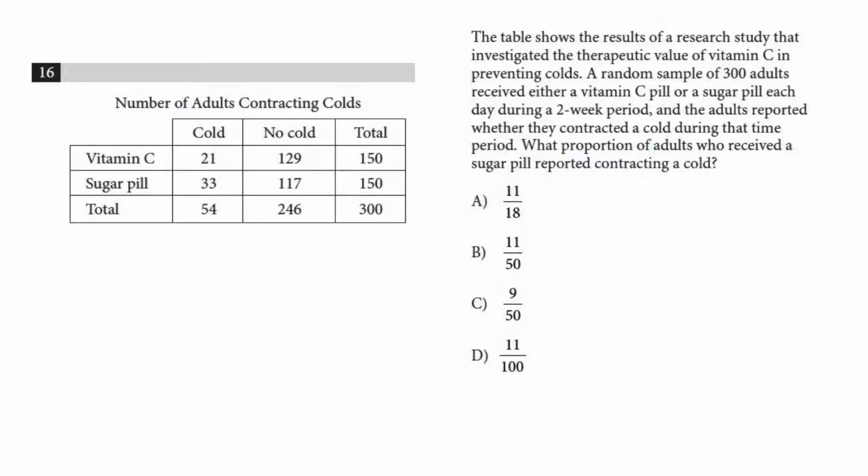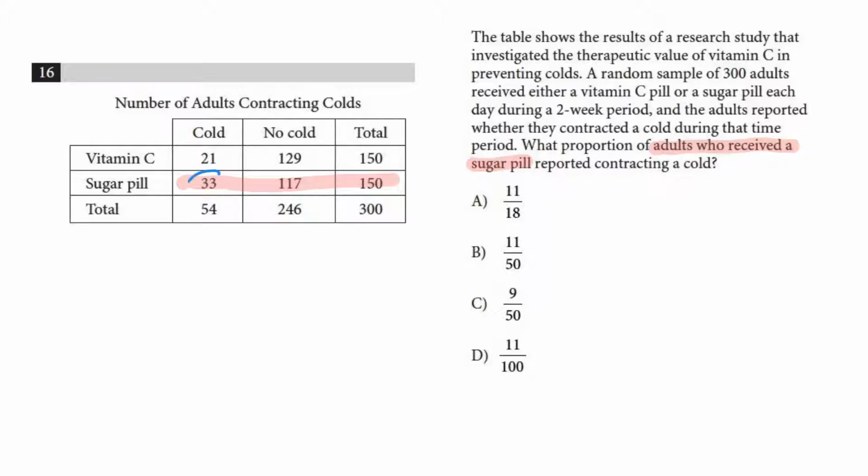Alright, so we're only looking at a subsection of the sample. We're only looking at adults who received a sugar pill. Okay, so then we're only looking in this row of the table, and of that, who reported contracting a cold?